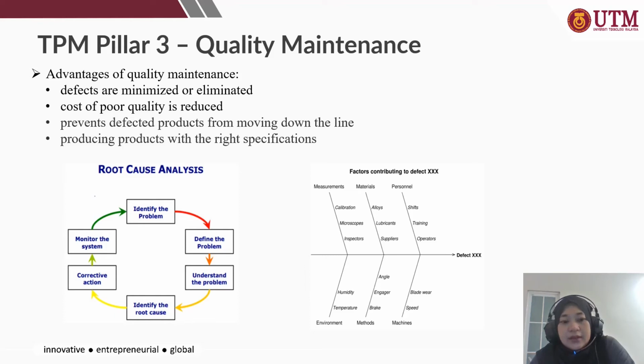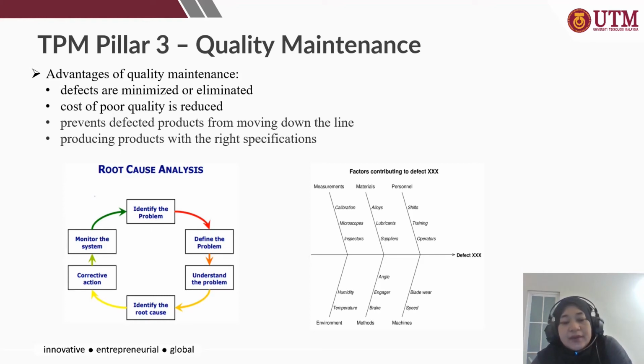It also can prevent the defective products from moving down the line, so we can save our line, we can save our process from equipment breakdown or overhaul, something like that. Then also the quality maintenance can produce the products with the right specifications as per our requirements.